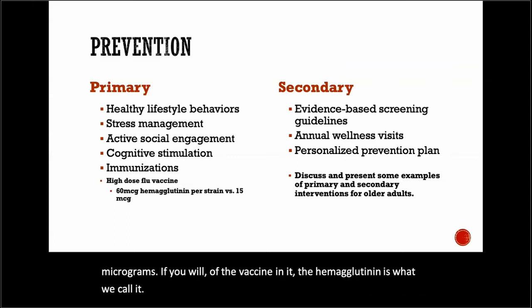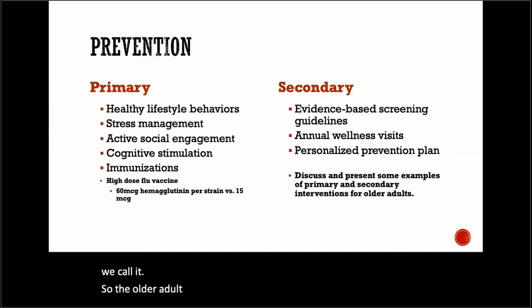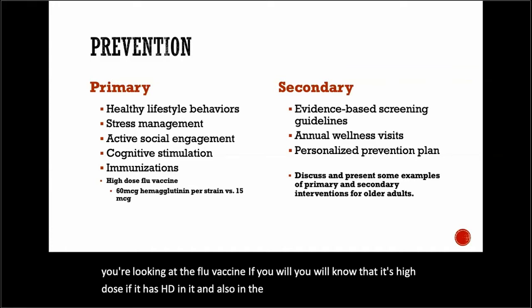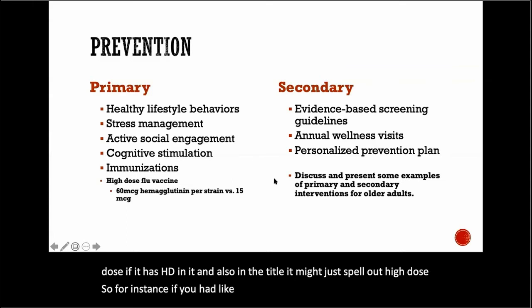So the older adult gets what we call high-dose flu vaccine. When you're looking at the flu vaccine, you'll know that it's high dose if it has HD in it. And also in the title, it might just spell out high dose. So, for instance, if you had Fluzone, it would be Fluzone HD. You might think high definition, but it's high dose.